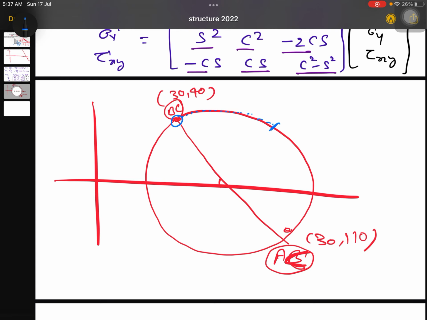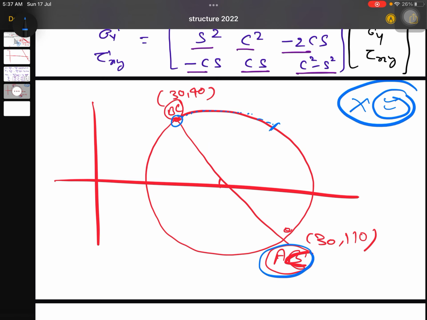Okay. So actually no need to solve this problem if you are using Mohr circle. You know why? You will be amazed. You'll be like, wow, sir, this trick is working like anything, man. Seriously. You see here, this is AC plane. Okay.